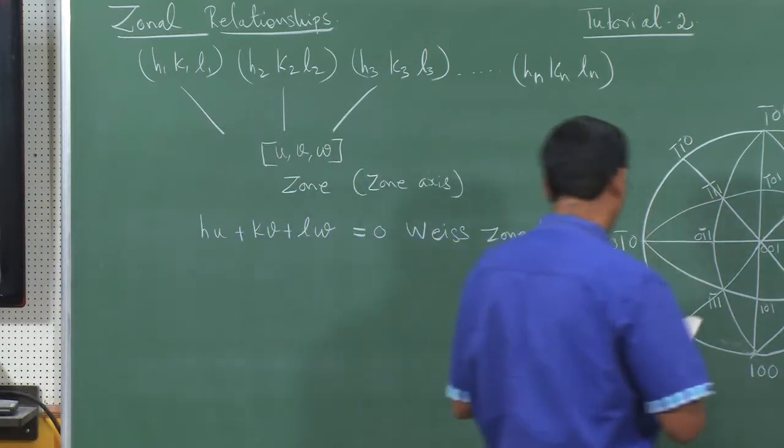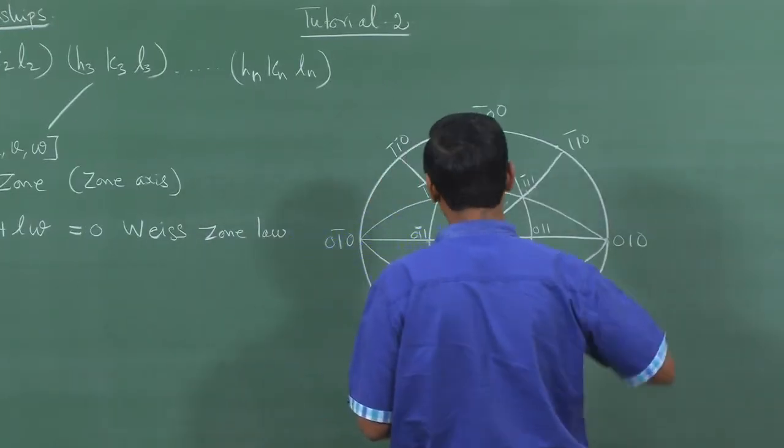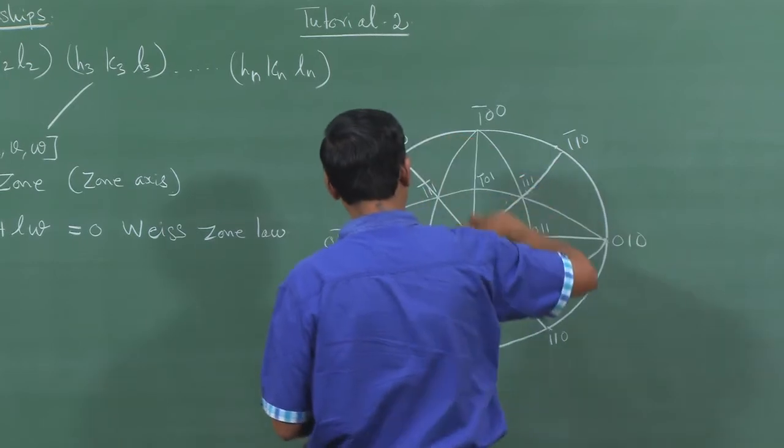You can also identify some of the other important aspects. I will just draw a few more poles here.